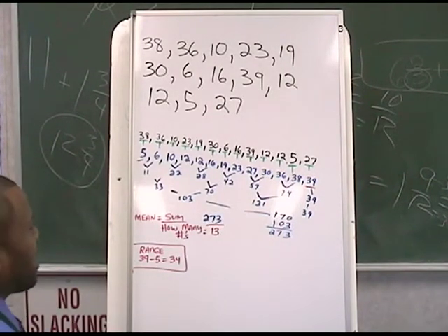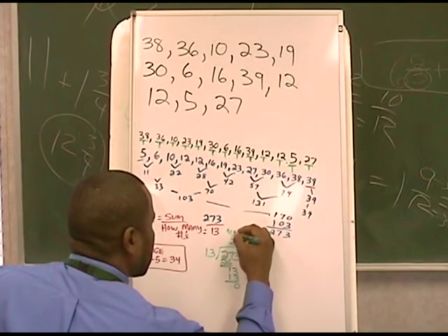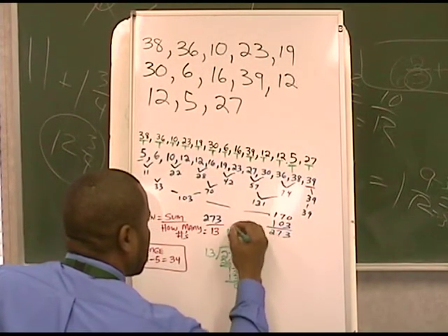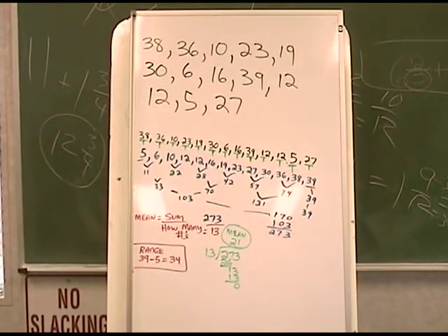How many numbers we have is 13 numbers. So we do 273 divided by 13. Our mean is equal to 21. So far we have a mean of 21 and our range of 34.